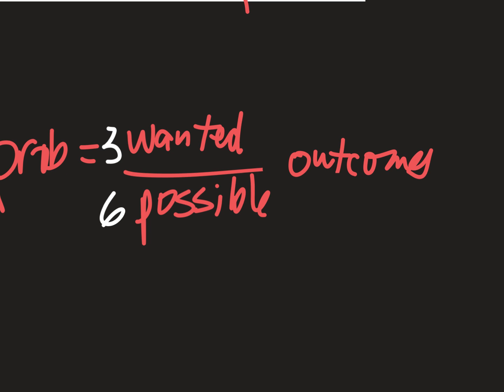Okay, so then there's 8 out of 24 of you today. 8 out of 24 chance, because there were 8 that I wanted, people with white shoes, out of 24 kids possible. So when they get complicated, which they will by the end of the hour, you've got to ask yourself, what are the things that I want, and how many of them are there? How many things are there that are like what I want out of all the possible things?